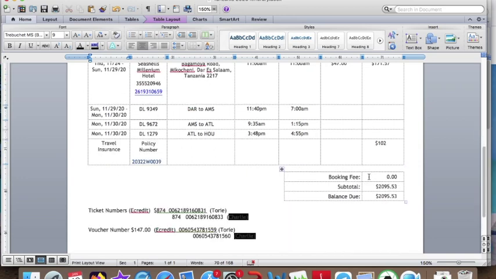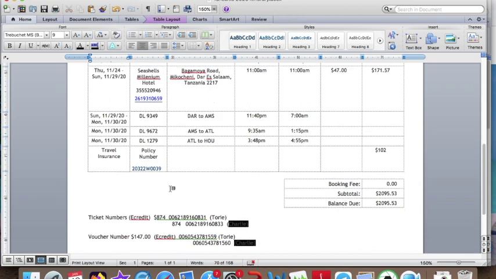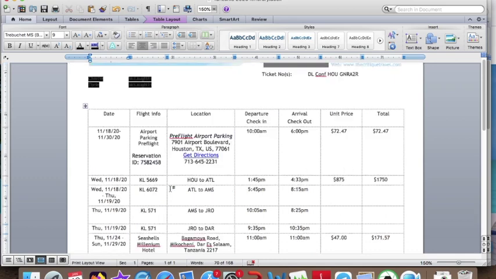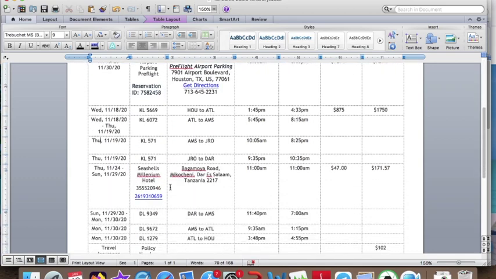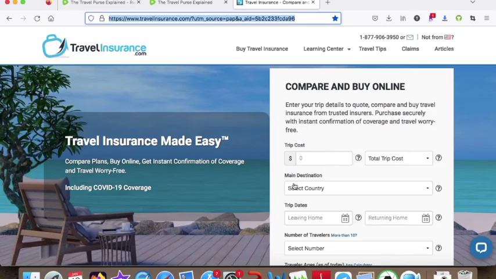So you would subtract the $102 from your $2,095, which would bring you to somewhere around $1,993. This is what you could actually get back, because everything else that's here is something that you can get your money back for in the event that you had to cancel your flight. So then you would put your trip cost will be a total of $1,993.